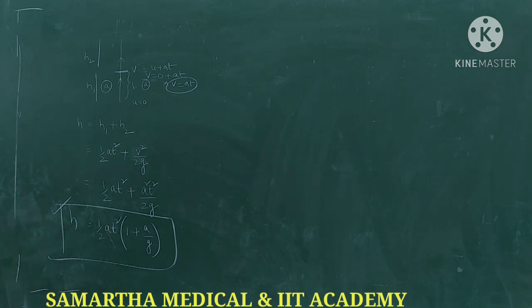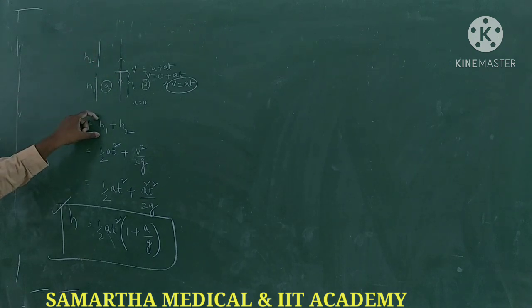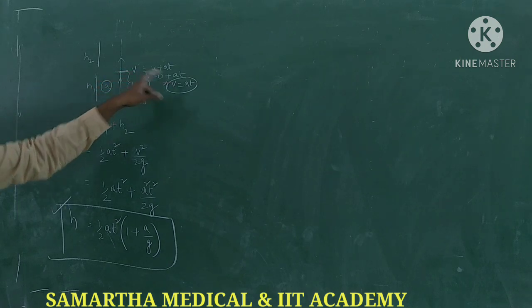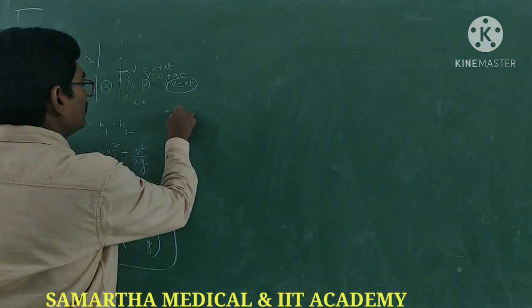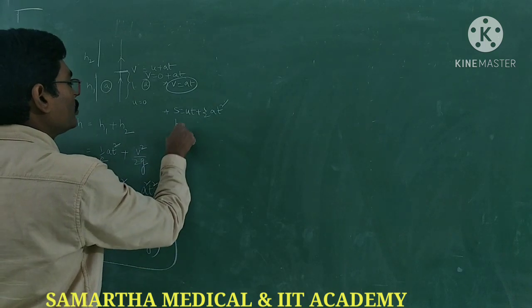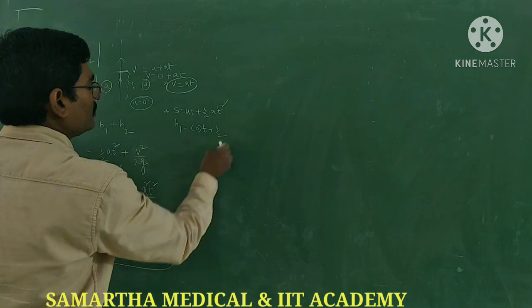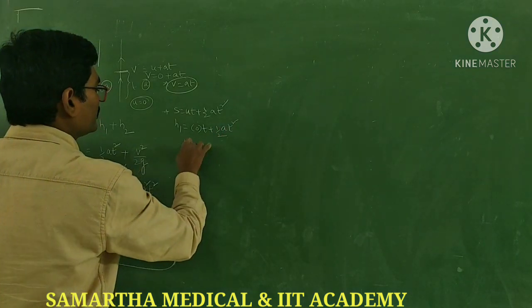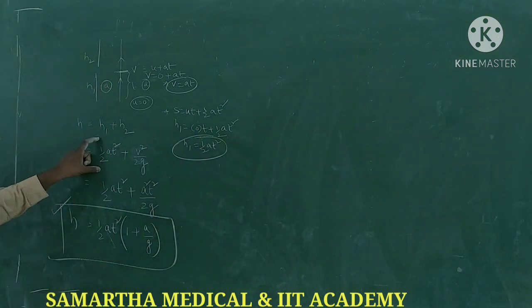Understood? So there are two conditions. One, till the fuel burned, that is h1. After the fuel burned, v square by 2g, a vertically projected body. For h1, s is equal to ut plus half a t square. Here s is h1 and u is 0, so h1 is half a t square.